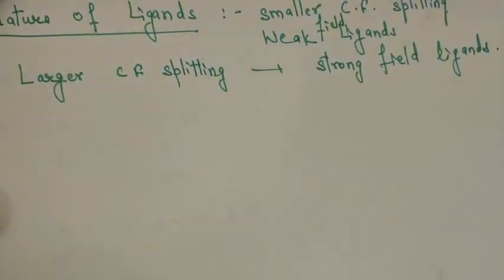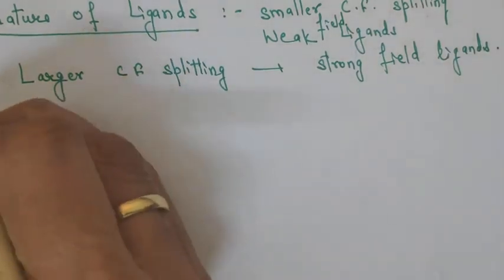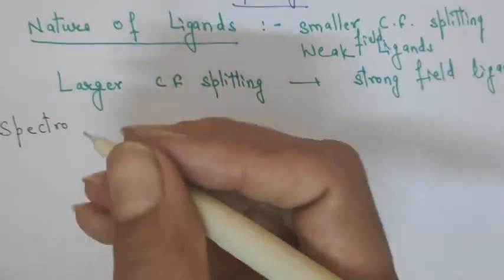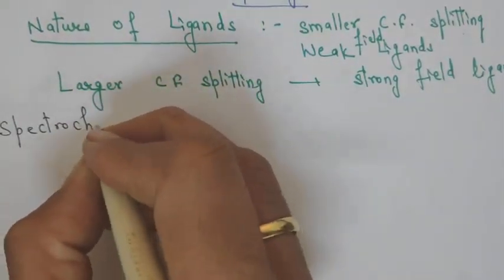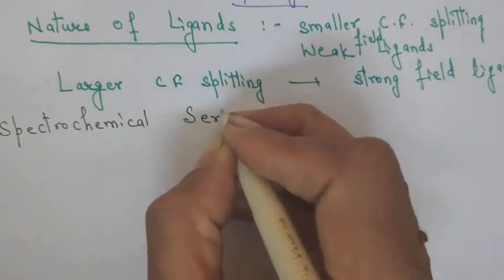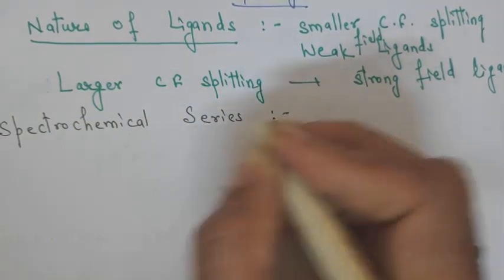Now this is a very important question. You have to arrange the ligands in the increasing order of crystal field splitting, and this arrangement in which the ligands are arranged is called the spectrochemical series. So this question comes, what do you mean by spectrochemical series?